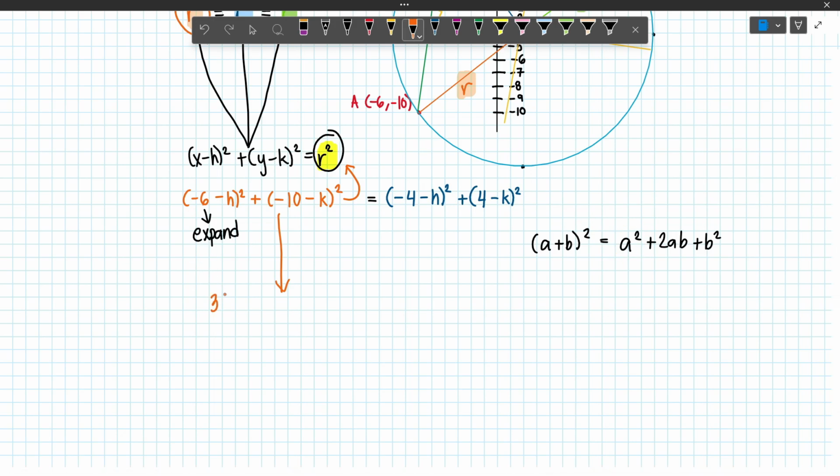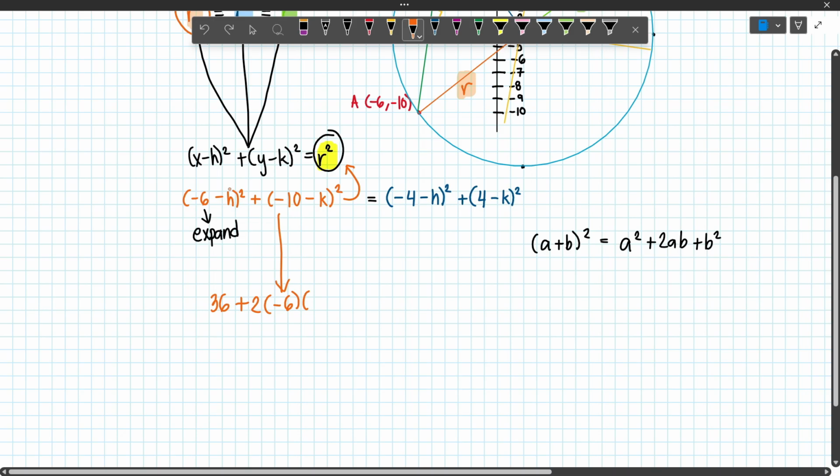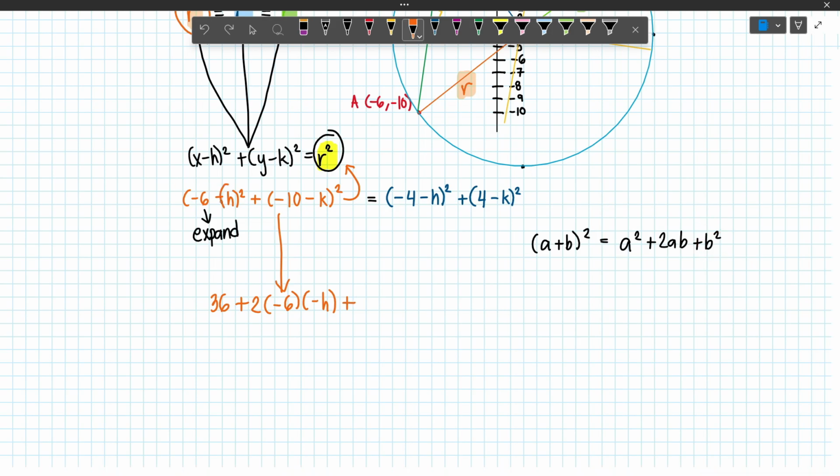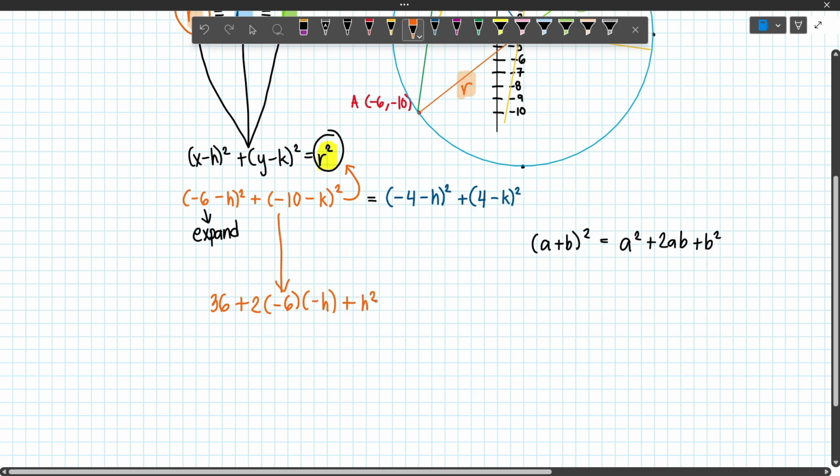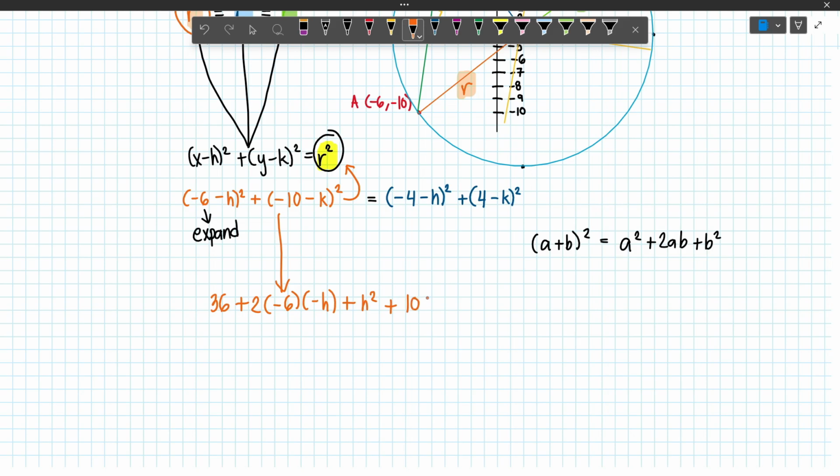So it will become 36 plus 2ab. 2, your a is -6, and your b is -h, plus b squared, or h squared, plus, using the same rule, 100 plus 2 times -10 times -k plus k squared.